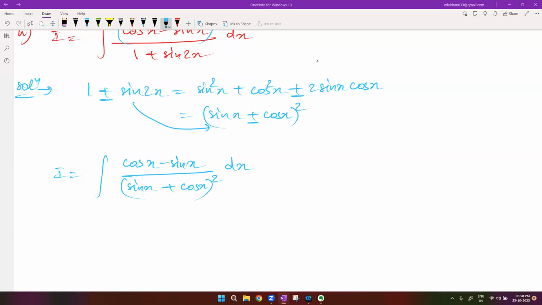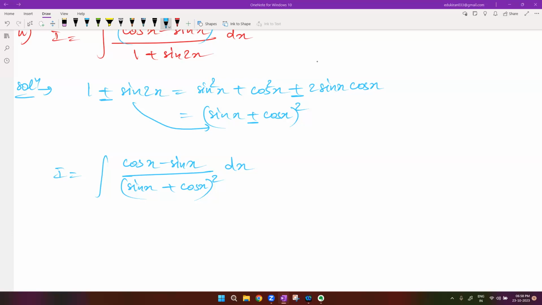If numerator and denominator were the same, I would definitely cancel them. But the numerator is cos x minus sin x and the denominator is cos x plus sin x, so I can't cancel them. But yes, we can apply substitution directly.